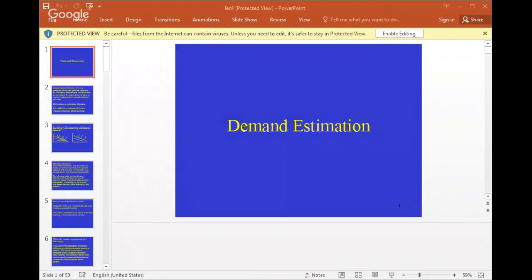So my first problem is including those variables that affect demand, leaving out those that don't, and making sure I don't leave out any variable that does affect demand.